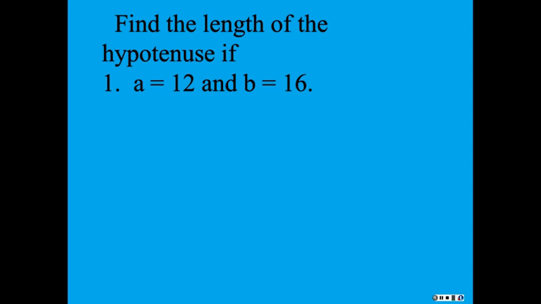We said that A squared plus B squared equals C squared. So you're going to use substitution as your friend. We talked about substitution yesterday, didn't we? So I've got 12 squared plus 16 squared equals C squared. What's 12 squared? 144. What's 16 squared?